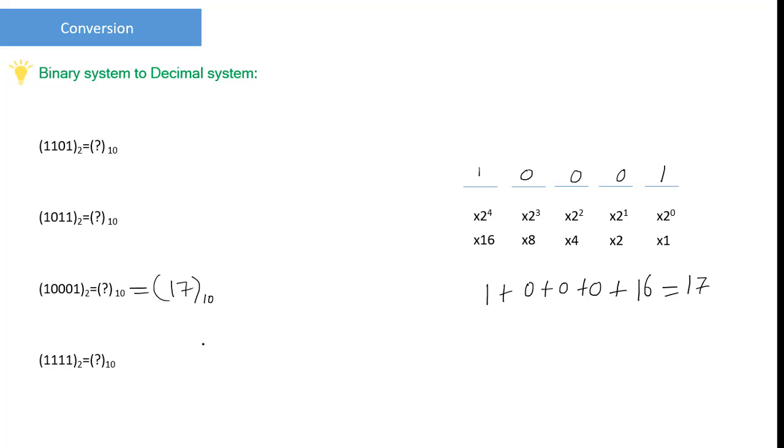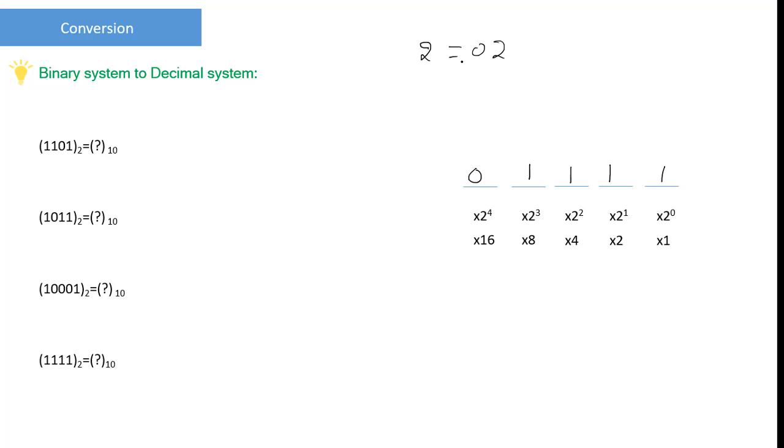In the same way, moving on to the next, we have 1111. So here I can write 0 also, because if we add 0 onto the left hand side, there is no change in the value of the complete number. Let's say if I have 2, or if I write this as 02, it is the same. If I have 108, if I write this as 0108, it doesn't matter.